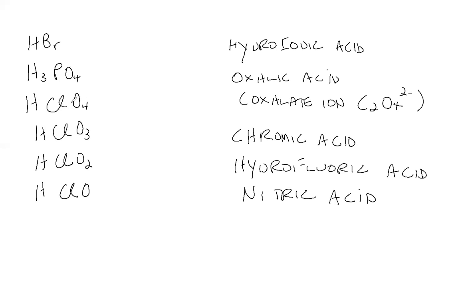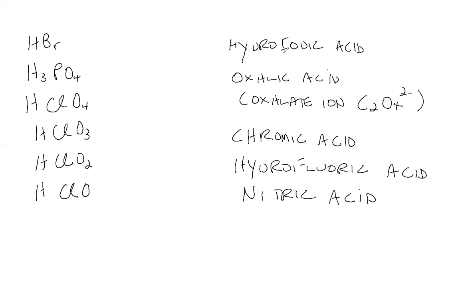This is the perchlorate ion, so this acid name is perchloric acid. Here, ClO3, this is the chlorate ion, so this acid is chloric acid. Here, ClO2 is the chlorite ion, so this is chlorous acid. And here, ClO is the hypochlorite ion, so this acid is hypochlorous acid.